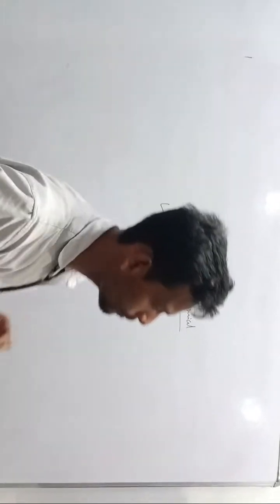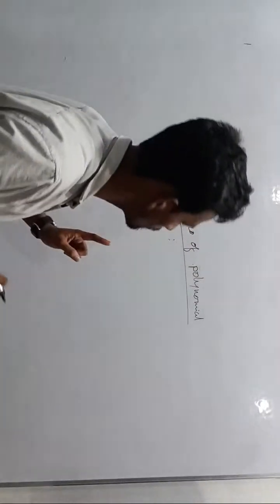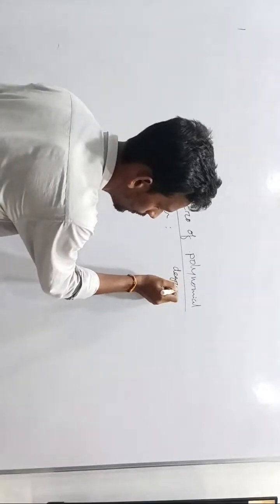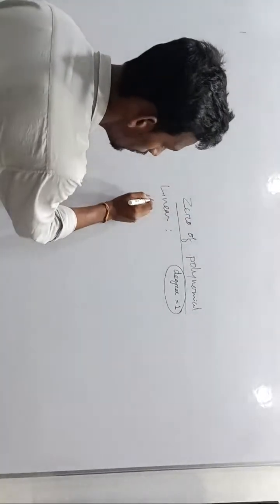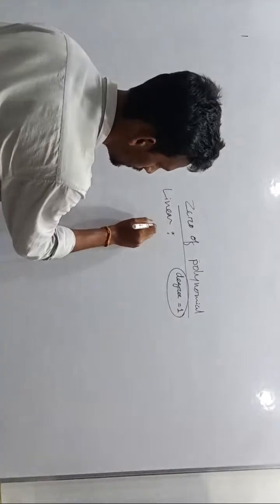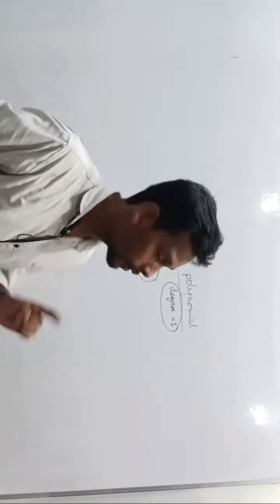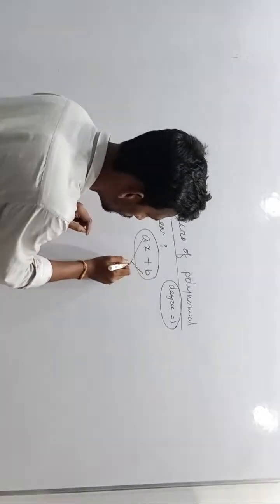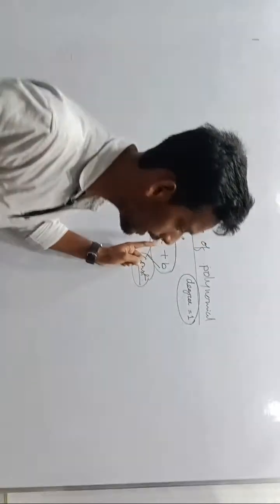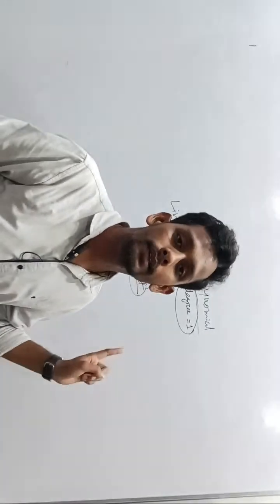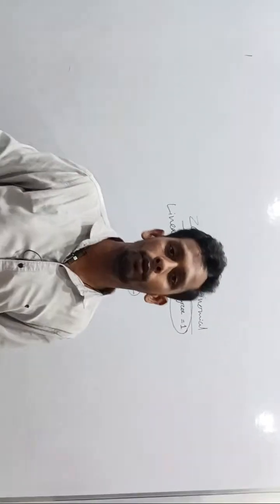Remember, only one variable is required in a linear polynomial, and the degree should be 1. Now, the standard form of a linear polynomial is ax plus b. Why is it ax plus b? Because in this case, a and b both are constants. Constant means you can take any number instead of a and b. But x is the variable. X is called the variable. So only one variable is there. Degree is also 1. So it is called a linear polynomial.